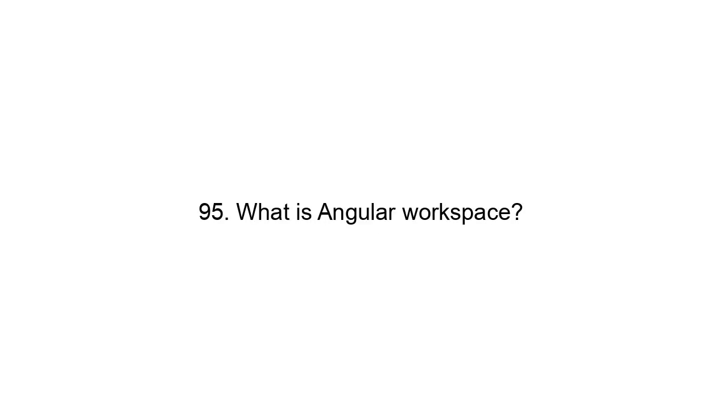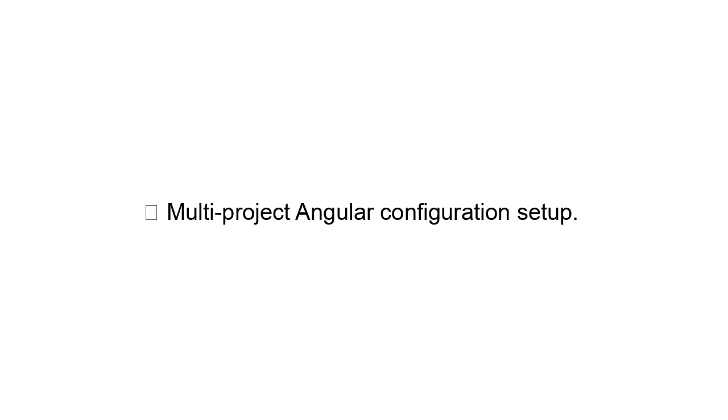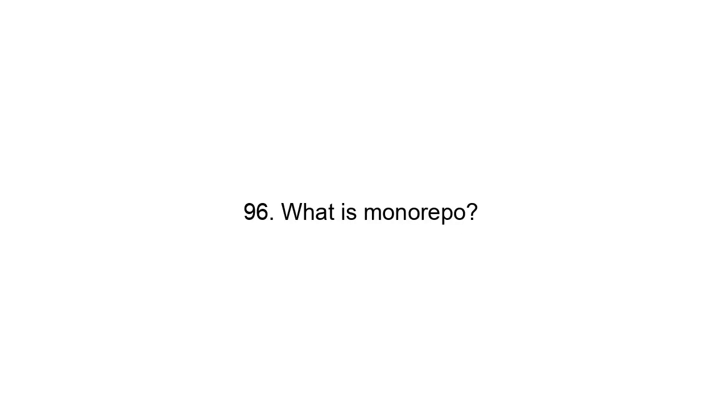92. E2E testing tools: Cypress, Playwright. 93. What is CI/CD? Automated build and deployment. 94. What is environment.ts? Stores environment-specific configuration. 95. What is Angular Workspace? Multi-project Angular configuration setup. 96.